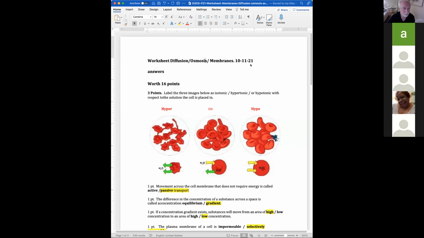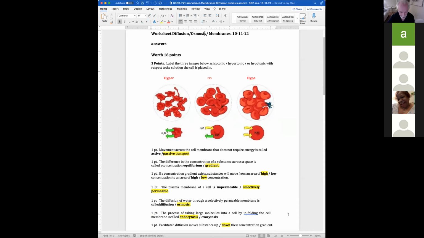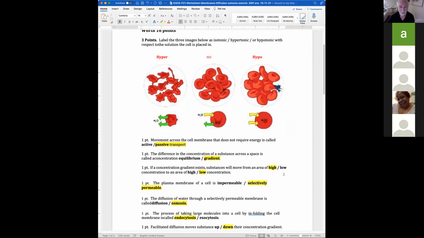So first I want to share my screen. And now you should all see worksheet diffusion. Anybody not see that? Okay.